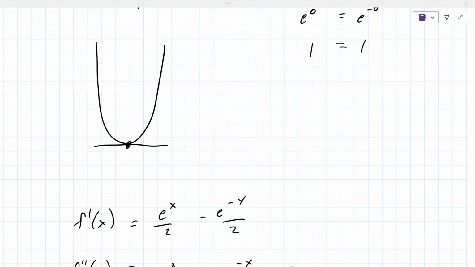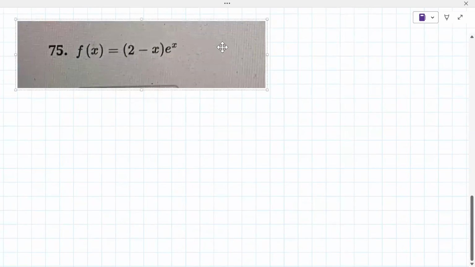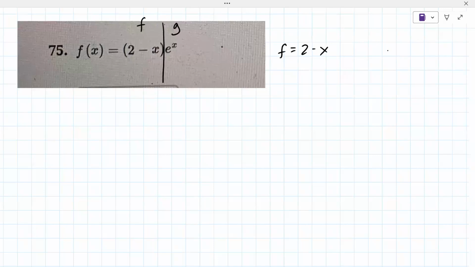That's more of your classic exam question. So I mentioned this before, the whole idea of being comfortable taking the derivative: you have to recognize that this is a product. f is 2 minus x, g is e^x.